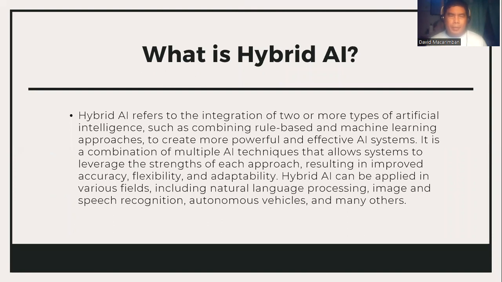As discussed a while ago, it refers to the integration of two or more types of artificial intelligence, such as combining rule-based and machine learning approaches, to create more powerful and effective AI systems. So ito yung combination of techniques that allow the system to leverage the strength of each approach, resulting in improved accuracy, flexibility, and adaptability.